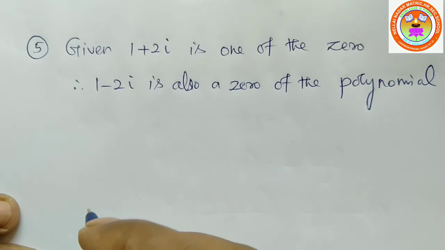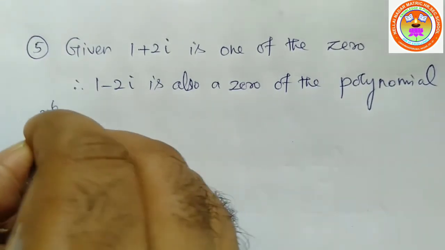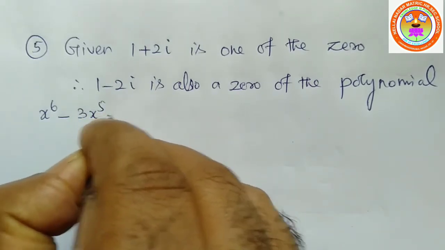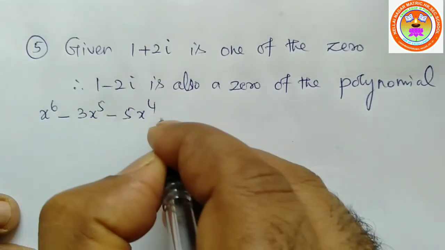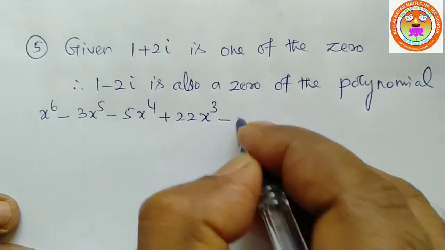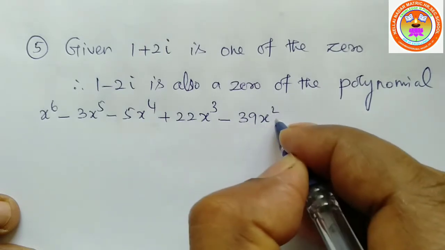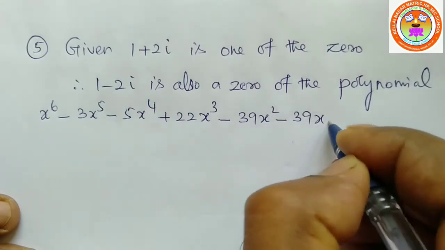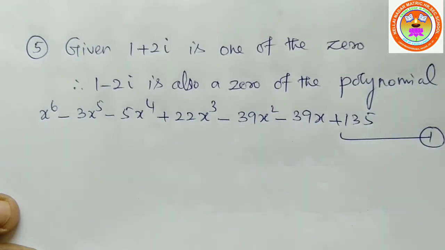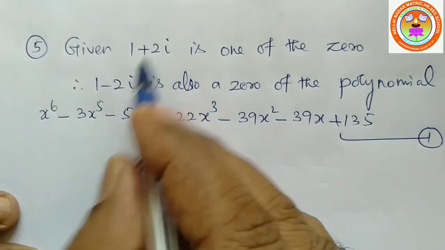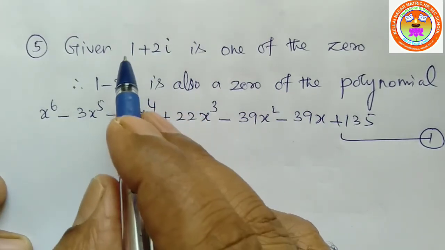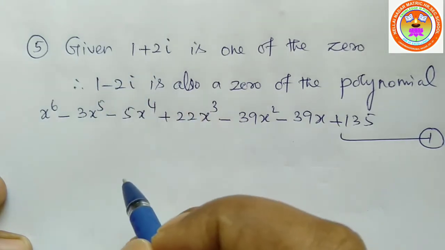The polynomial is x raised to 6 minus 3x raised to 5 minus 5x raised to 4 plus 22x cube minus 39x square minus 39x plus 135. From these 2 zeros, we can form one quadratic polynomial.